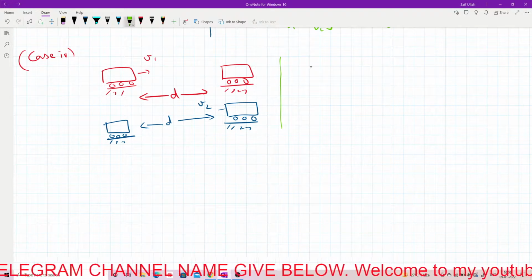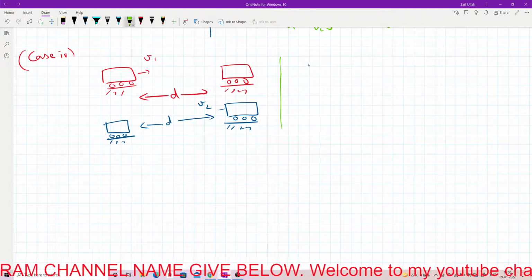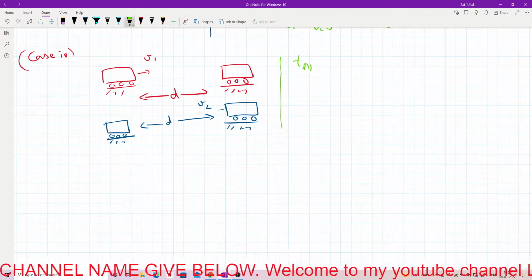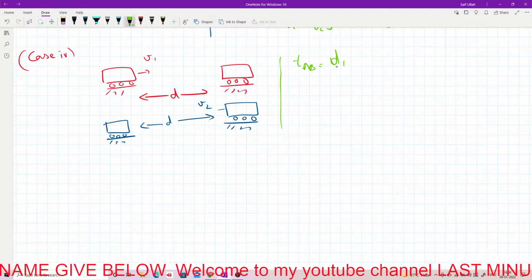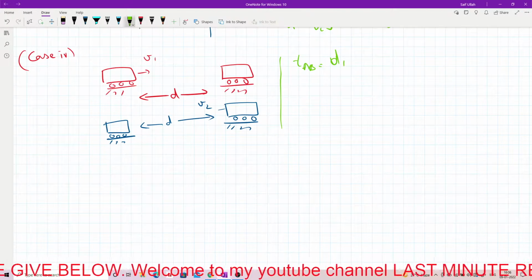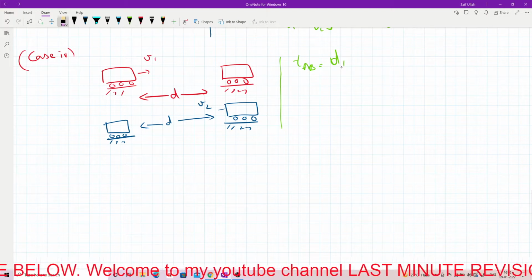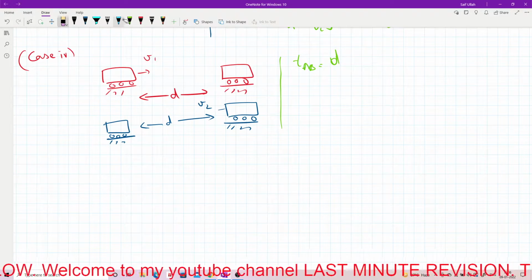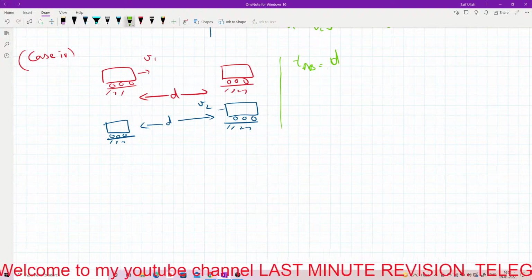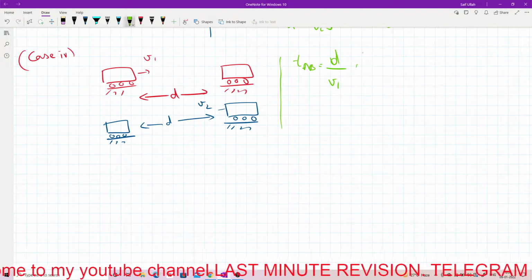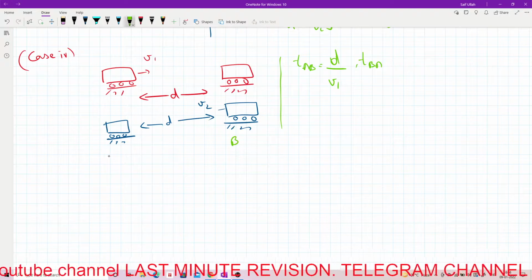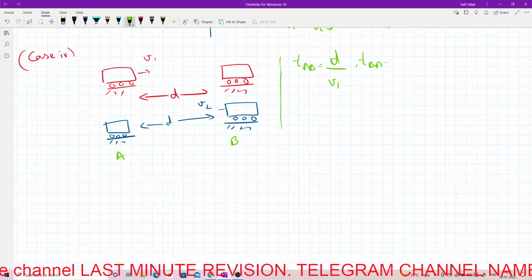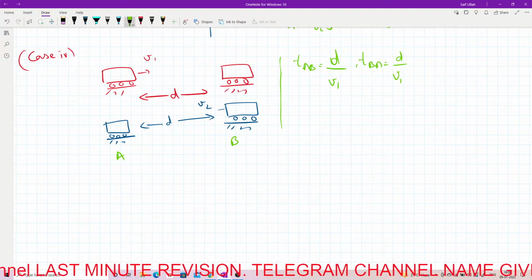Again, for total time, t_AB is equal to d by v1, as it is the same distance d. For t_BA, it is returning from B to A. It will be d by v2.